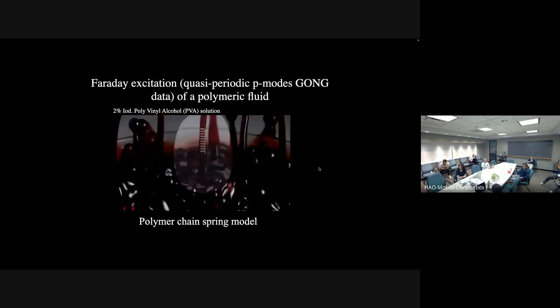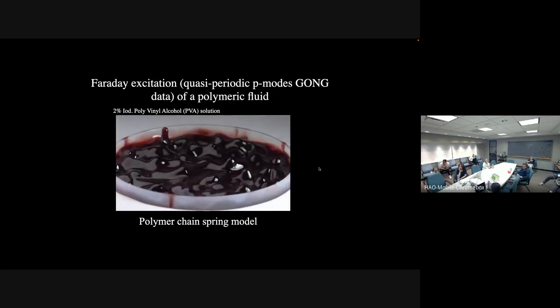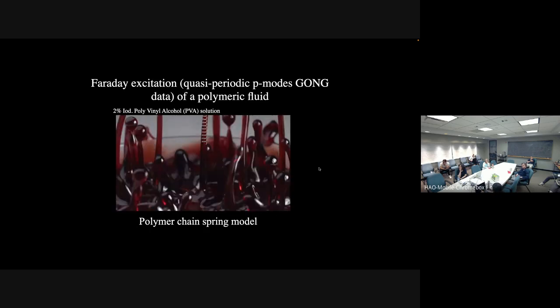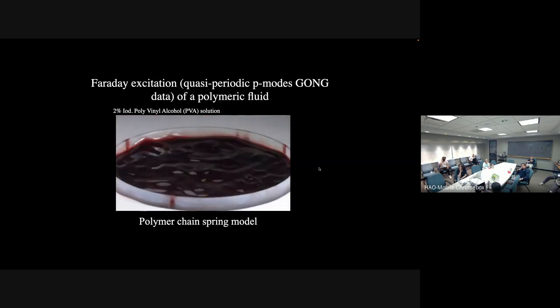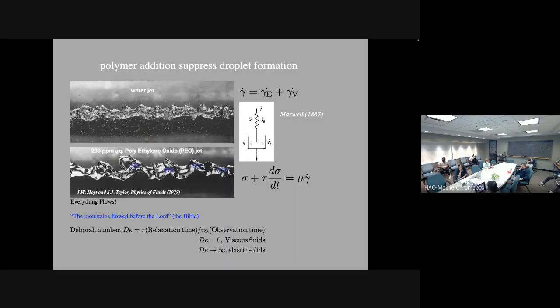But it has the same quasi-periodic frequency distribution, only sped up. And here also you see that these p modes from the GONG data applied to this fluid also form these kind of jets here.